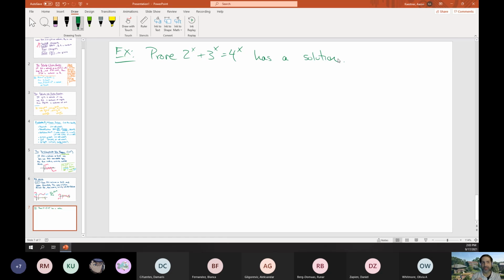And if I tried to apply logarithms to this, right, so if I took the natural log, say, on both sides, on the right-hand side, the 4 to the x, I could pull that x out of the exponent and make it a coefficient in front of the logarithm. But on the left-hand side, 2 to the x plus 3 to the x, if I take the natural log of that expression, I still have a sum inside of there, and logarithms and sums don't work nicely, right?